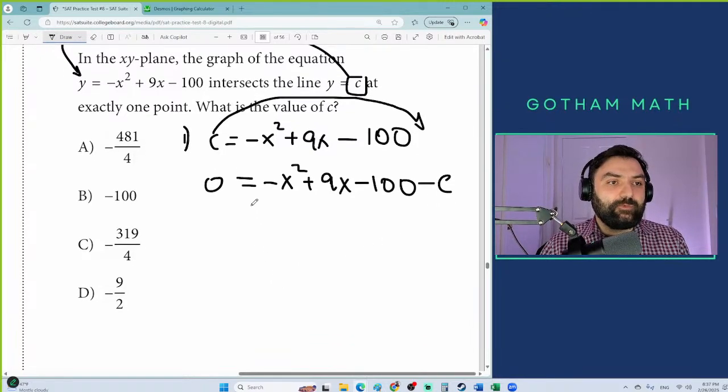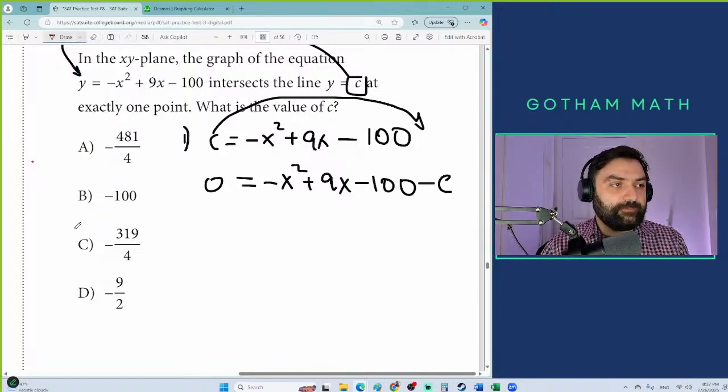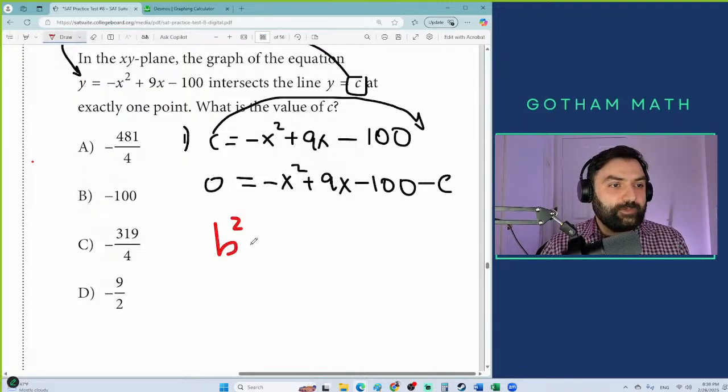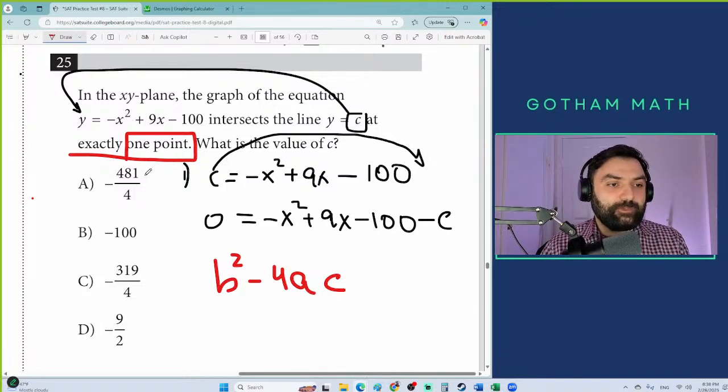And now we're going to have to do b squared minus 4ac. I'm going to do it with red because this formula determines what we need to do. And the key word of this problem is exactly at 1 point. They intersect at 1 point. What does that mean?